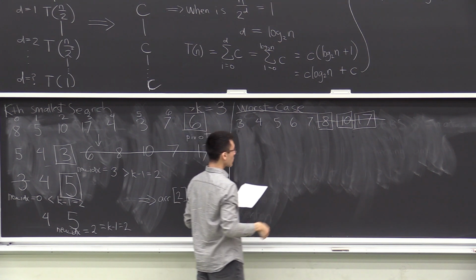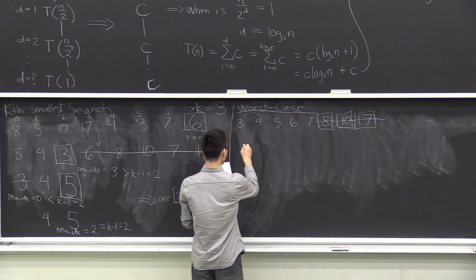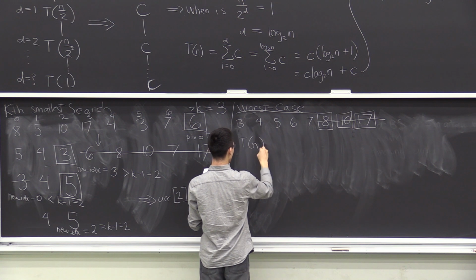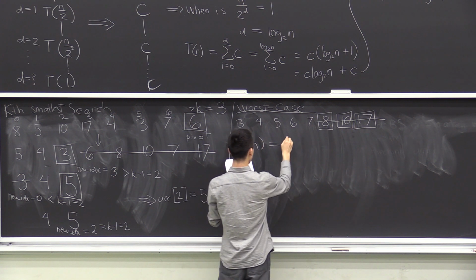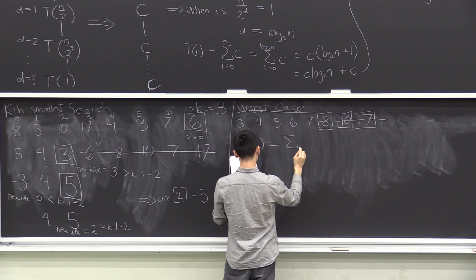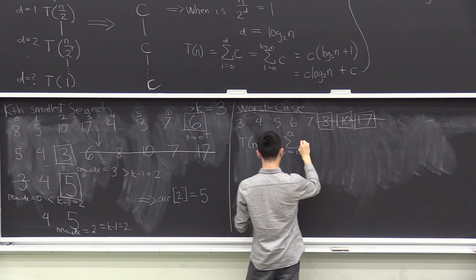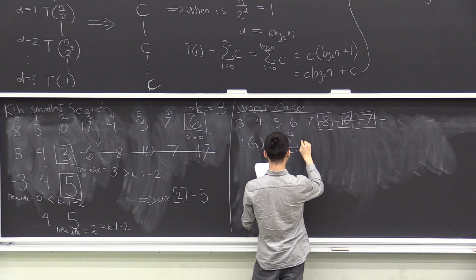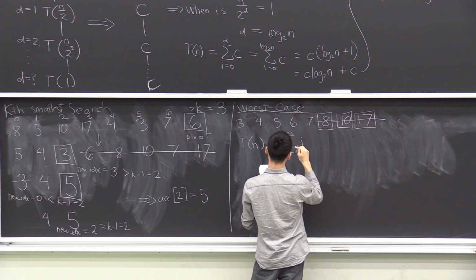So what we would get is that T of n is going to be equal to the sum from i equals 1 to n of, basically, i.